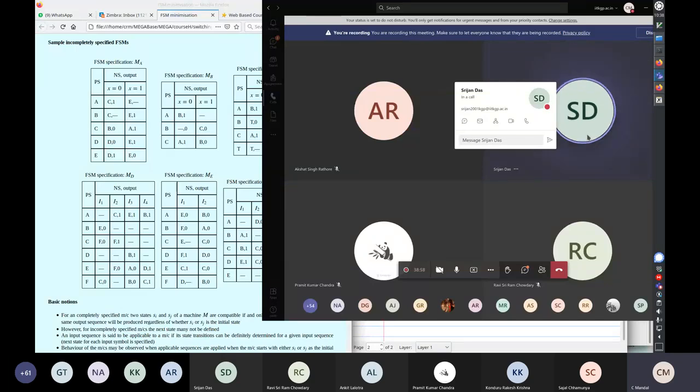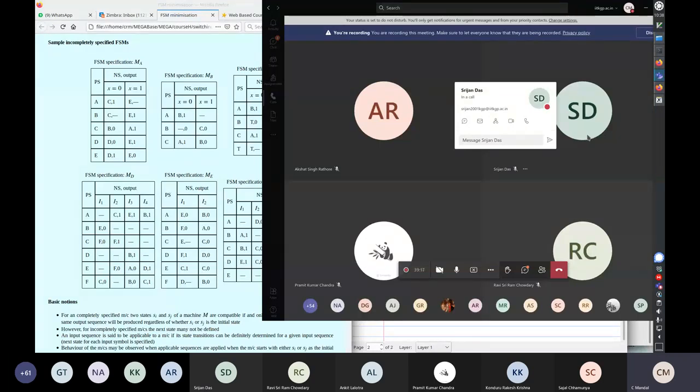For example, on the input symbol I1, both the transition and the output of A are unspecified.